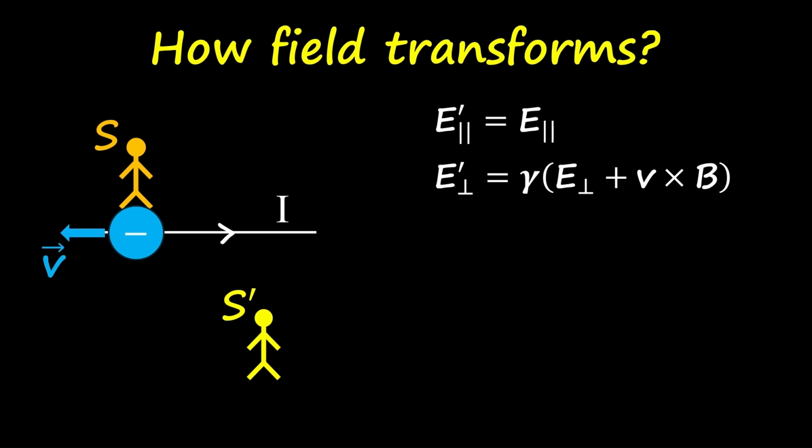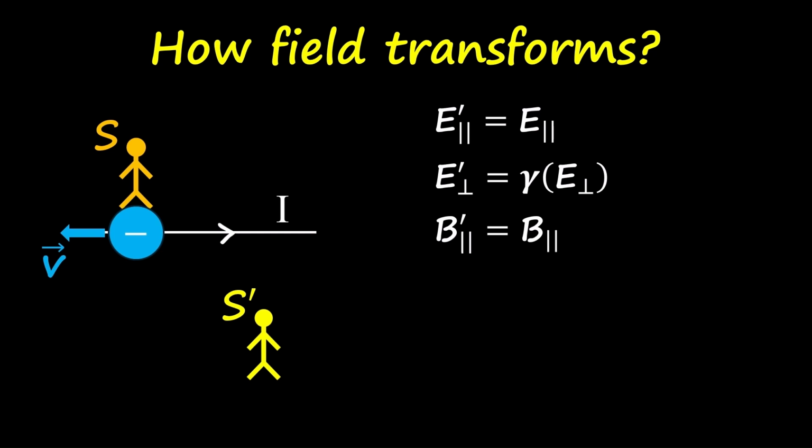Let us take the first two formulas. In the first formula, the parallel components will remain the same. But in the second formula, since according to S frame of reference the magnetic field is zero, the perpendicular component gets modified by a factor of gamma. Now, let us move on to the third formula.